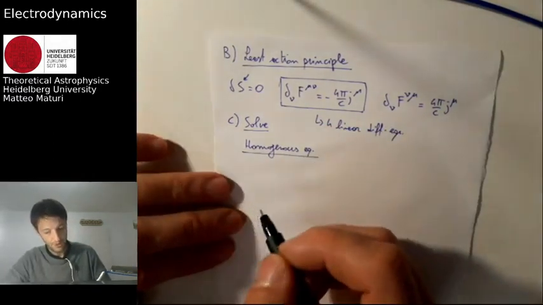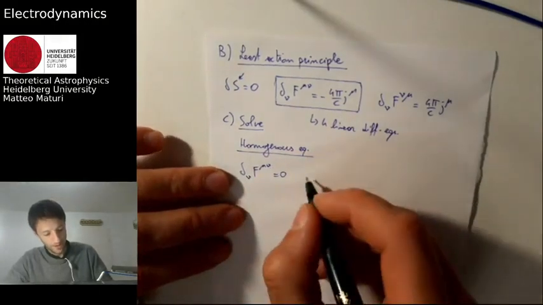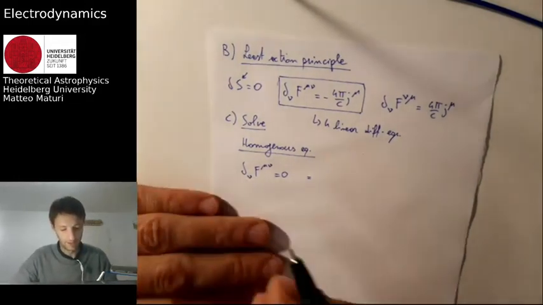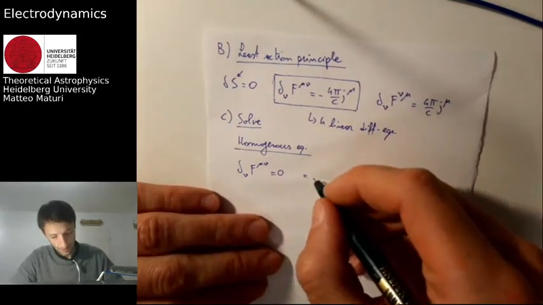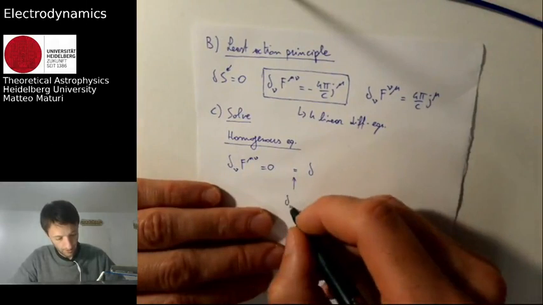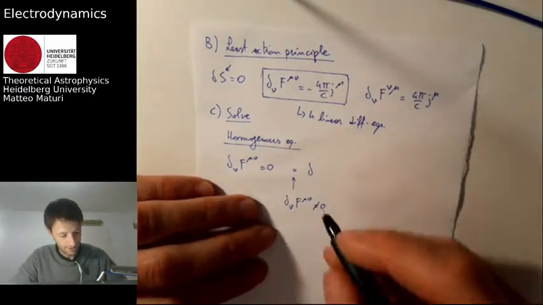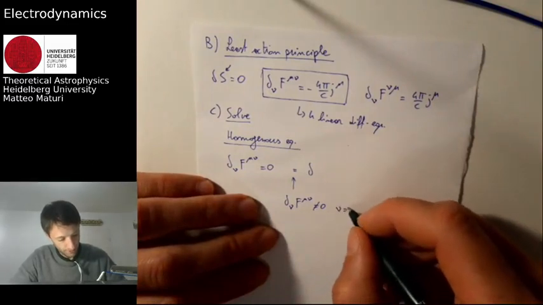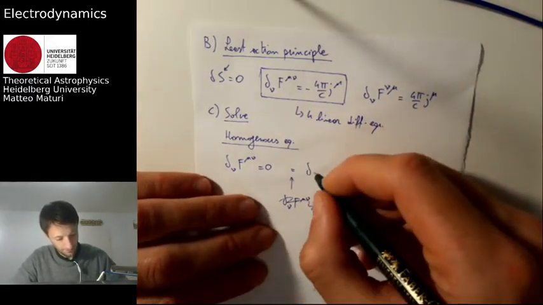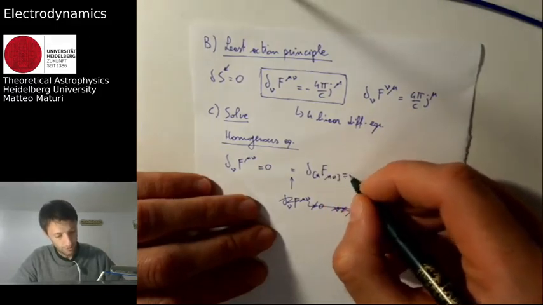So we have our ∂_μ F^{μν} equal to 0. Now we have the constraint ∂_α F_{μν} cyclic equal to 0.